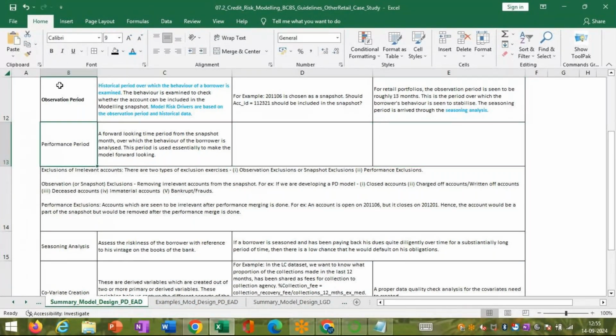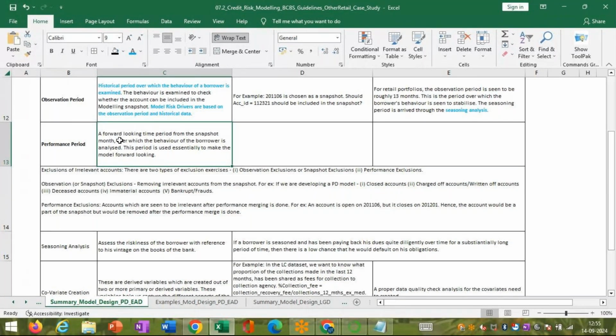Now comes the next part, which is your performance period. The performance period is a forward looking period from the snapshot month over which the behavior of a borrower is analyzed.